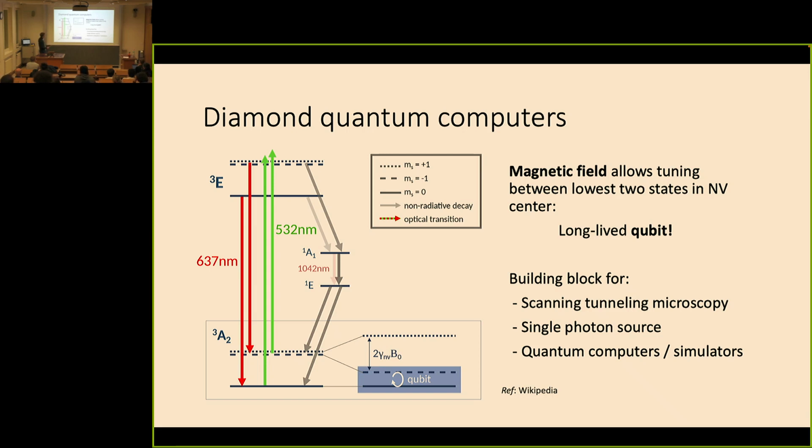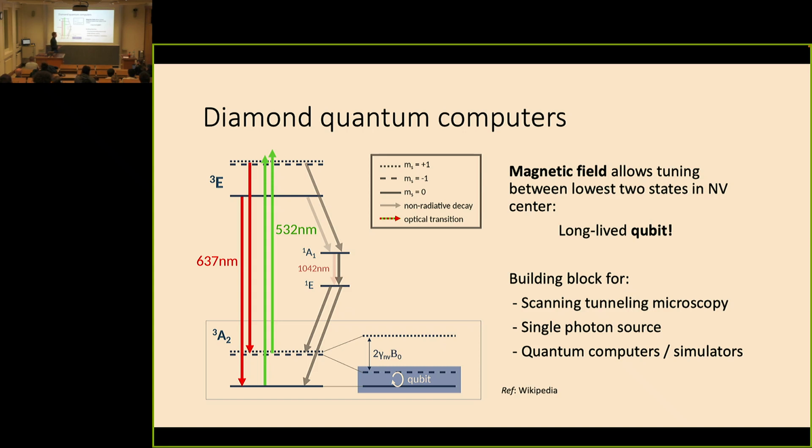The reason is, as I mentioned, you can absorb green light or emit red light. These are the energy levels in this NV center which are created in the otherwise empty electronic region, the gap. So you have no problem, you're perfectly in an insulating region. These are localized states at the NV center. By tuning an electric field, you can create a sort of resonance between these low states and create a qubit, a perfect state that can be up or down, tuned by electromagnetic radiation and the magnetic field.